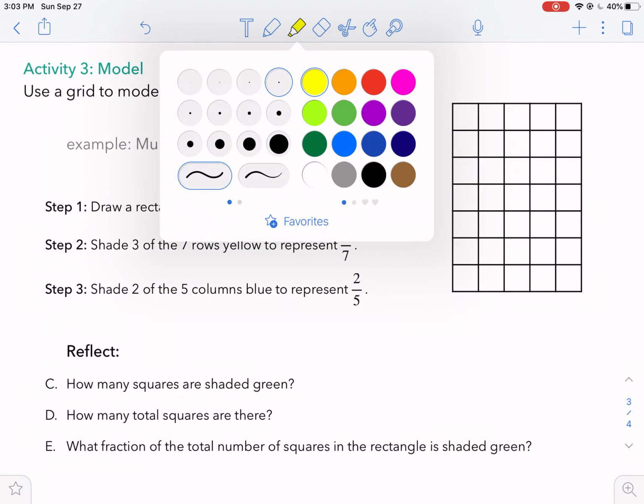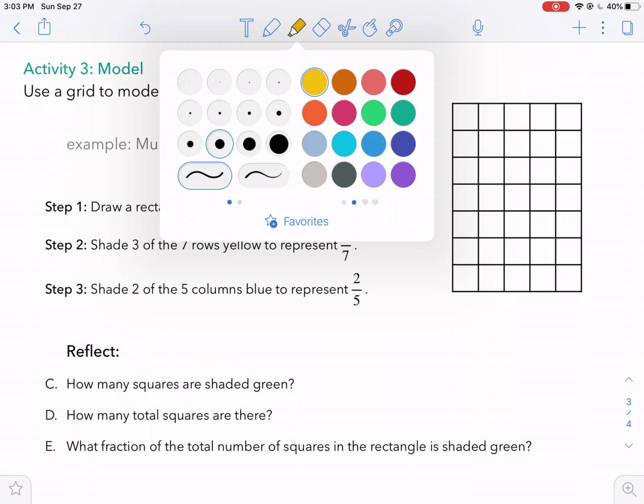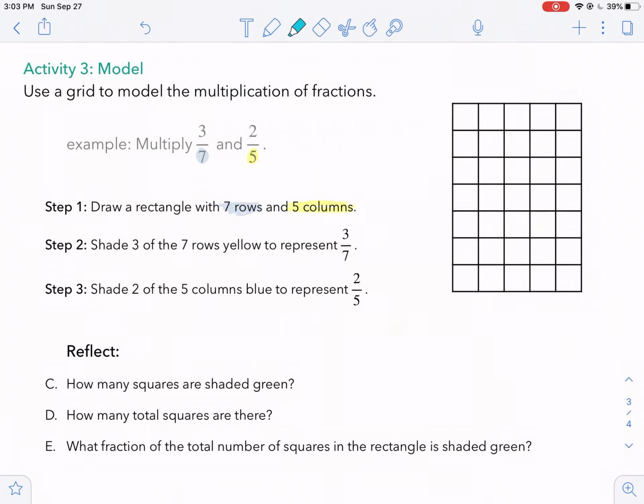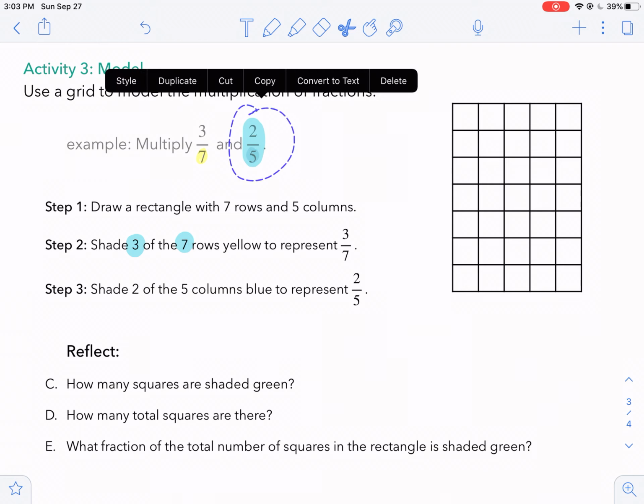Now, I need to make this a little bit wider. Because we have 3/7, we're going to shade 3/7 of those rows. Oh, it's yellow. I switched them. My bad. Okay, here we go.